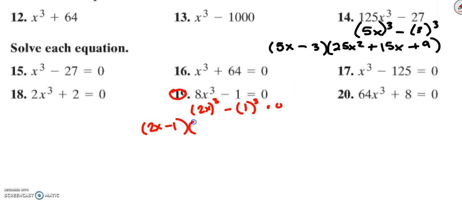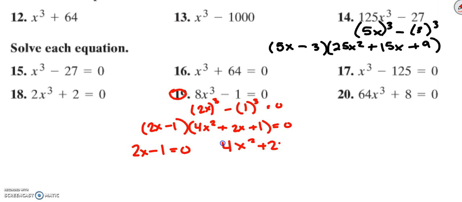And then in my second one, I square the first term. So we have 4x squared. I change the sign of the middle, multiply those two together, giving us 2x, and then square the last, which is 1. We now set each of these expressions equal to 0, which is 2x minus 1 equals 0, and 4x squared plus 2x plus 1 equals 0.